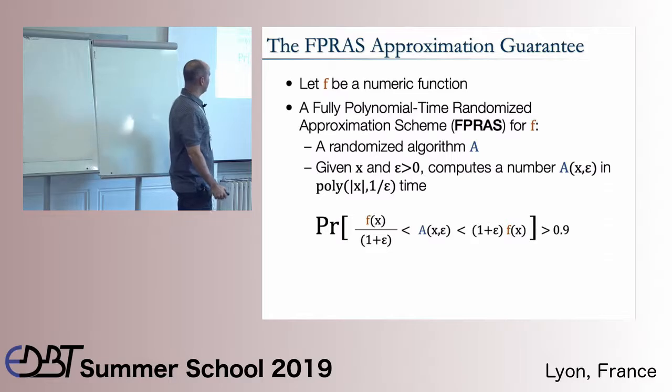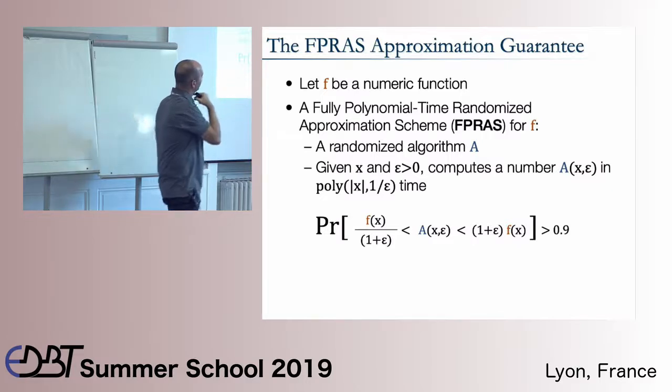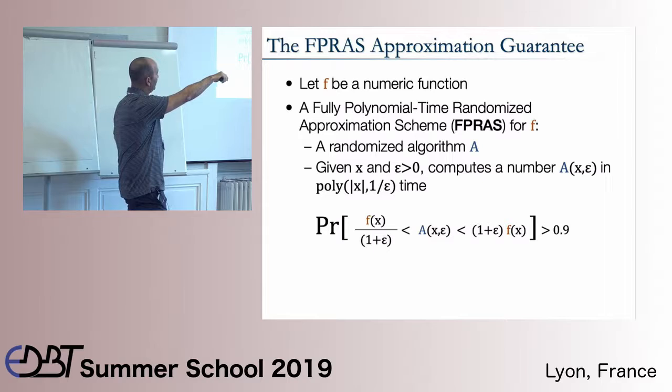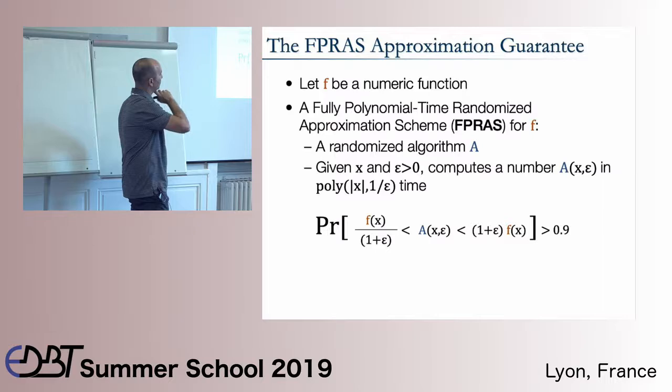And it has the following guarantee. The number that it produces is a multiplicative approximation of f. It is within f(x) over 1 plus epsilon and 1 plus epsilon times f(x), okay?